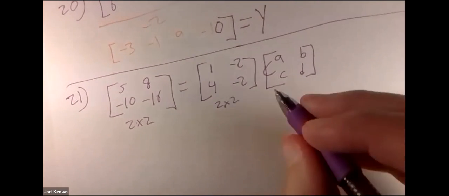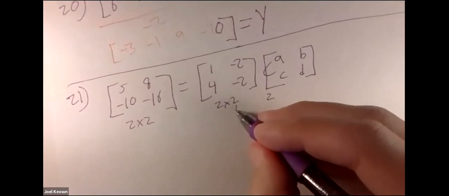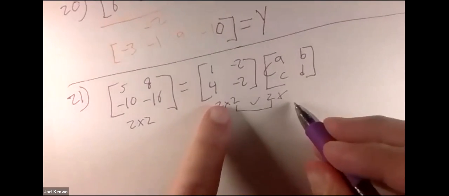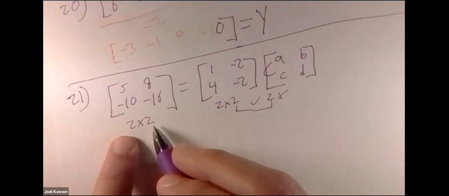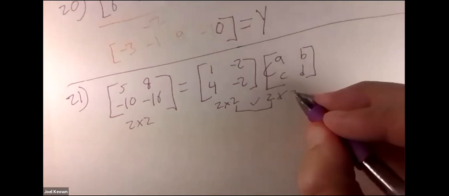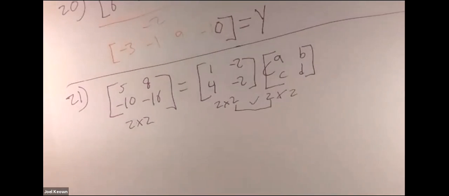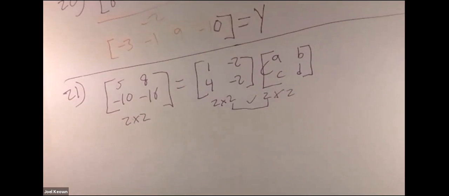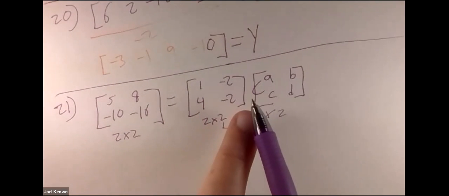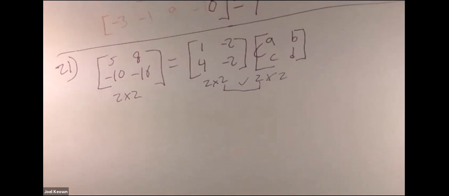This number is a 2, so this number has to be a 2. They have to match. And then my outside numbers make the answer. Well, this is 2 by 2. There's the first 2. This number right here has to be a 2. So that's how I got that dimension. I explained that out before I just wrote it down. Okay. Now I'm actually going to multiply these two matrices together. I know it makes a 2 by 2 matrix.